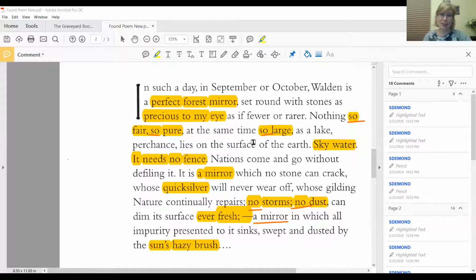Here was just a paragraph. As you read over a paragraph or a page or two or a chapter, make a list of the words that stand out to you. What is interesting, unique, poetic? What creates a picture that sounds interesting or stands out to you for some reason?